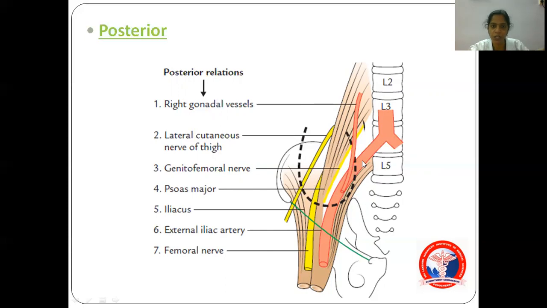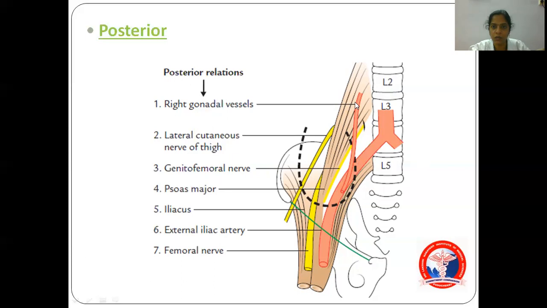Then in this picture, you can see this is the abdominal aorta. This divides into common iliacs. Then you can see the external iliac artery. So this external iliac artery will be seen posteriorly.